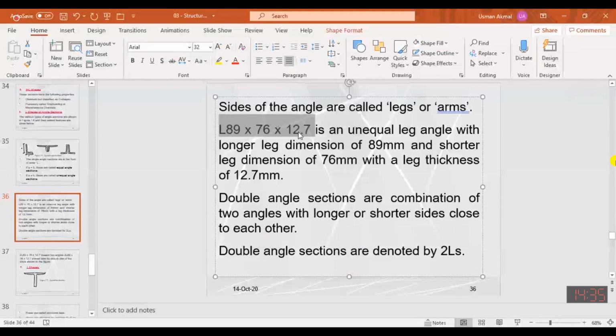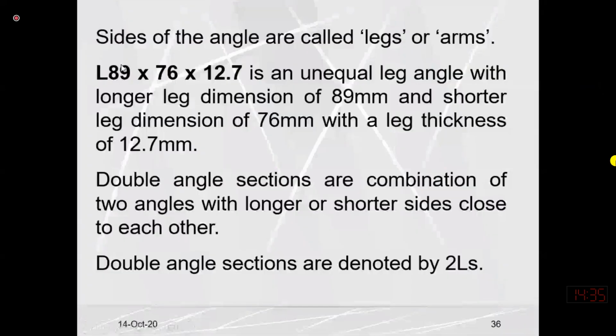So this is an angle section whose one leg is 89 millimeter long, the second leg is 76 millimeter long, and the third value is the thickness of the angle section. If we have equal legs, this will be 89 into 89. If the first two numbers are the same, that section will be an equal leg angle section. If the first two digits have different values, then the larger one is always written first.